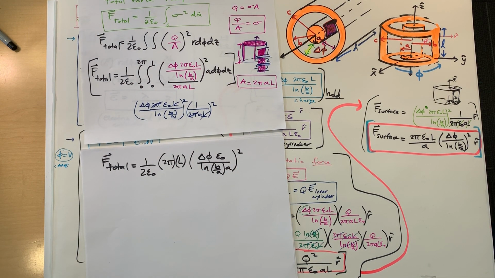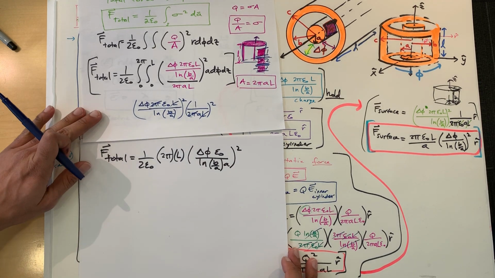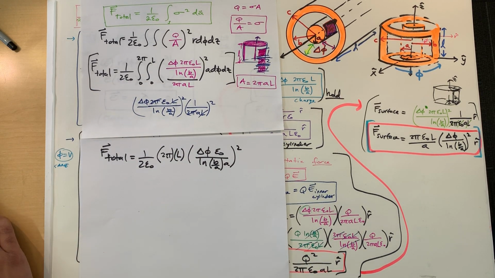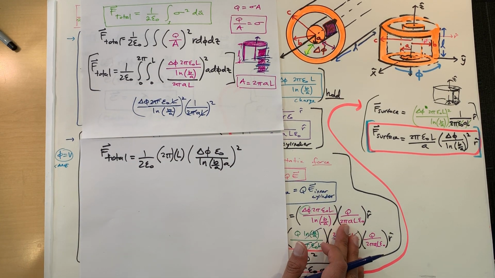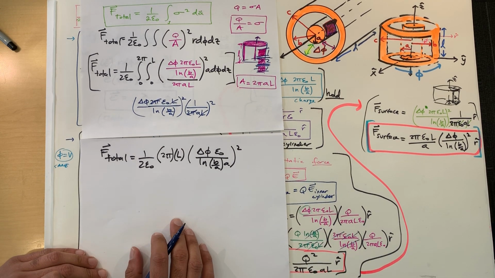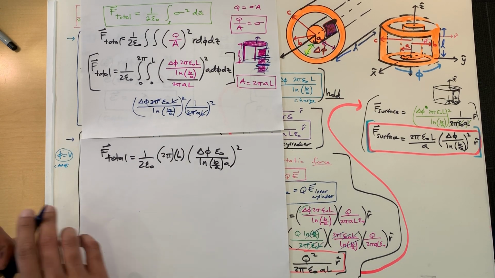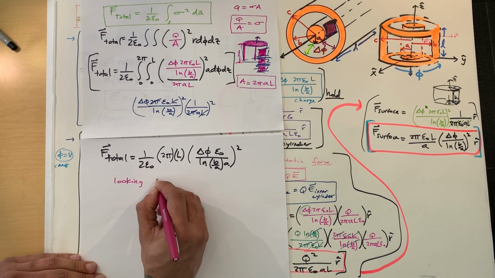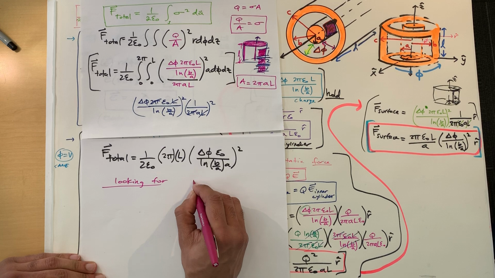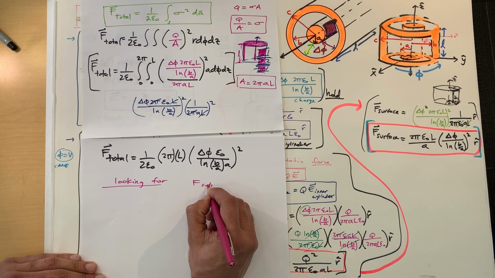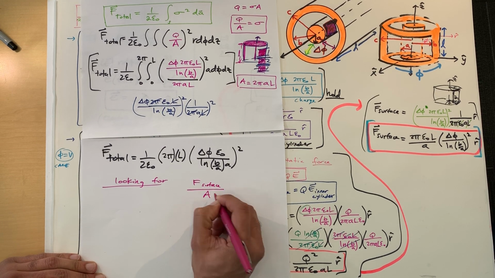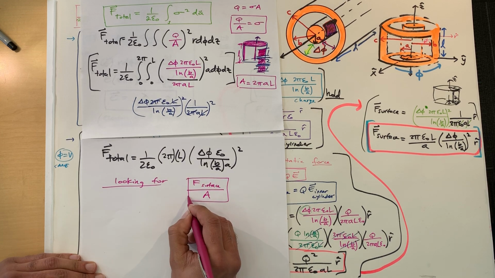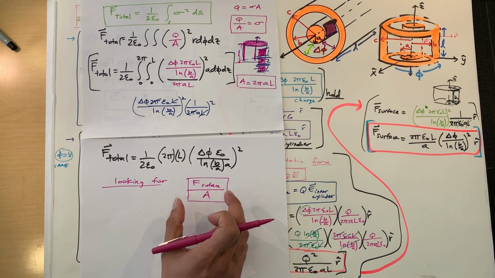All right, and so we need to rearrange it and do a couple of tricks, and we're going to get to what we need. Let's be reminded, we're looking for the force of the surface per area. This is what we're looking for. We have the total force, which is good.